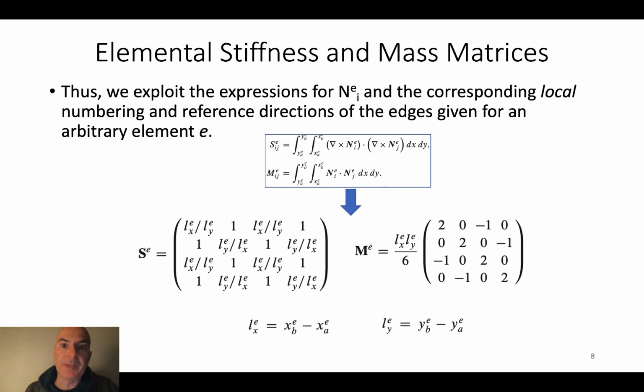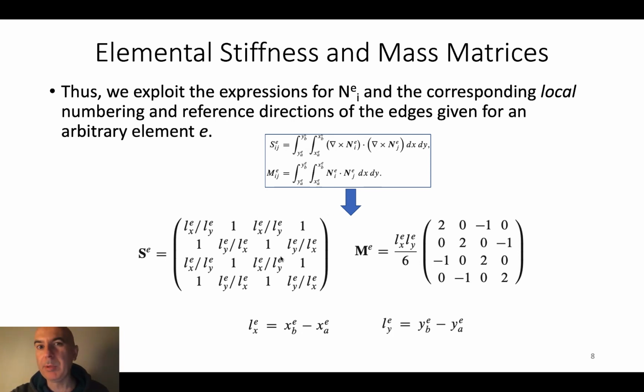We exploit the expression for the basis function, and we also use knowledge about the corresponding local numbering and reference direction of the edges given for an arbitrary element E. So these two elemental matrix entries are calculated as the following.